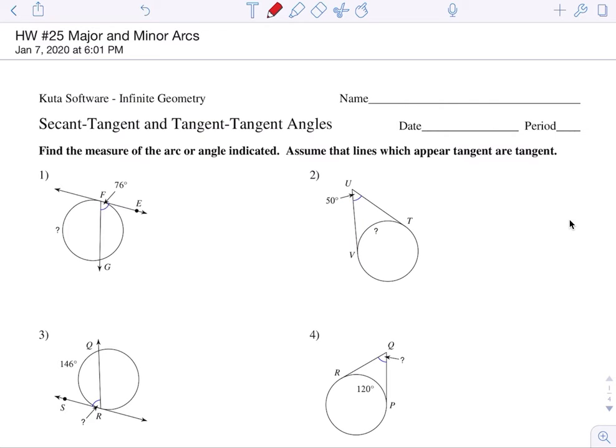Okay, Math 2, we're going to be doing some major minor arc stuff and finding the angle measurements from arcs and whatnot.